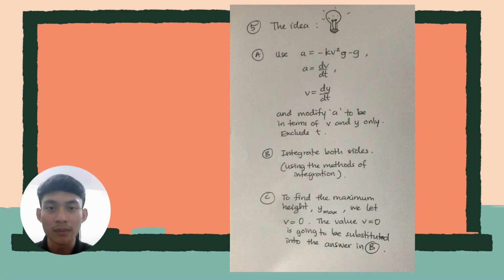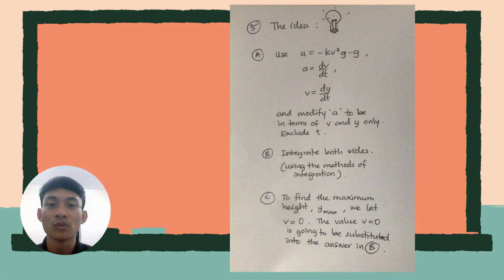Now let's look at the problem and generate some ideas on how to solve this kind of question. The strategy or plan here is that first, using the information given, the acceleration a equals negative kv²g minus g, and the modification we did just now, a equals dv/dt and v equals dy/dt. Why do we need this information?